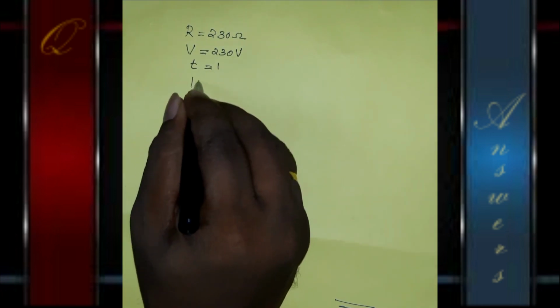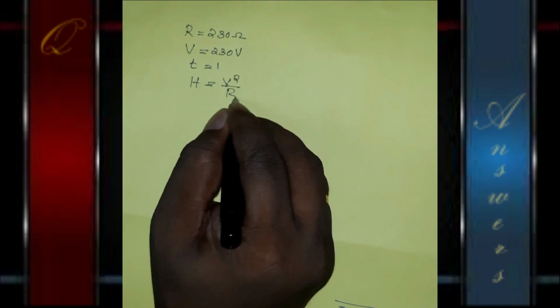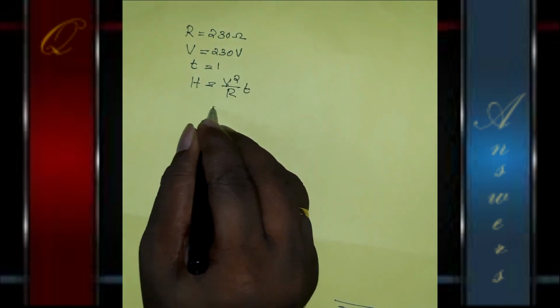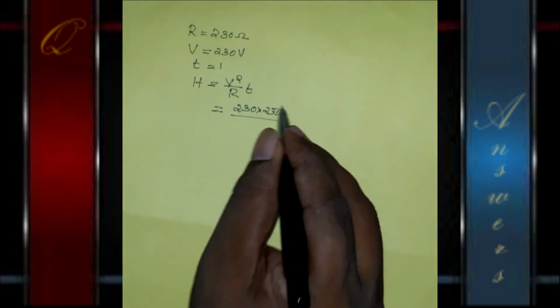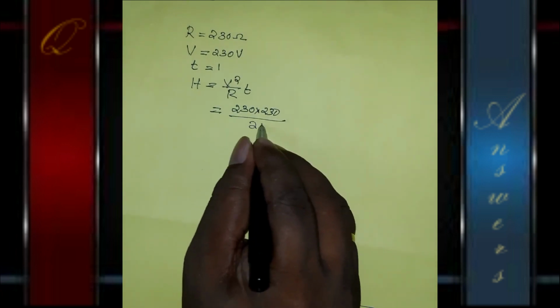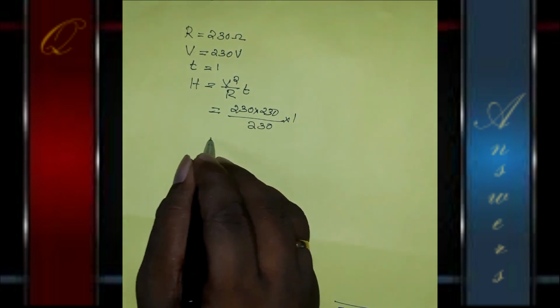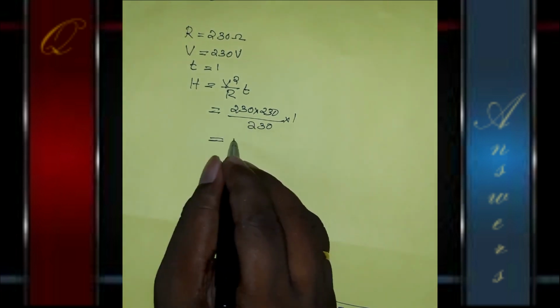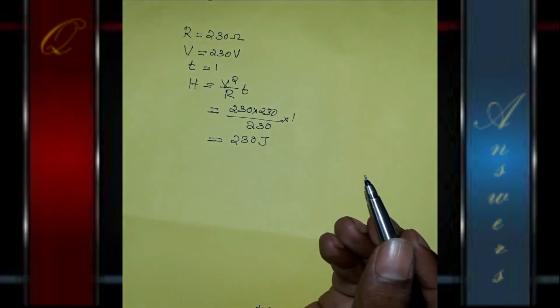Heat energy is given by H equal to V square by R into T. That is 230 square by R, R is 230, into T, T is 1, which is equal to 230 joule. Answer is 230 joule.